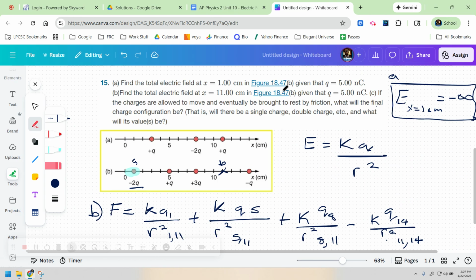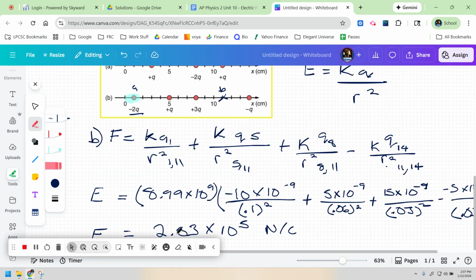Is there a part 3? Or yeah, part C. If the charges are allowed to move freely, the two point charges are basically what we've calculated.